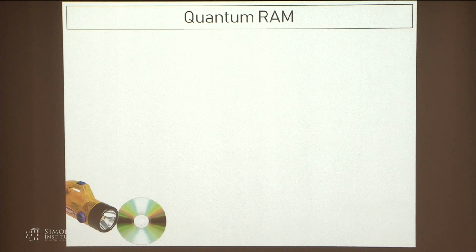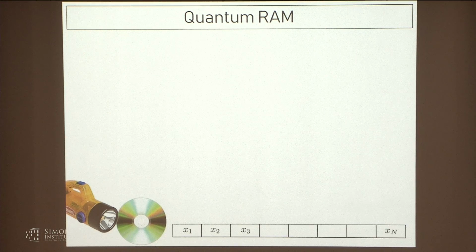So suppose we have some array of memory where we'll call the contents of the ith memory cell x sub i. The classical random access memory model allows you, for any i, to produce x sub i from this memory.